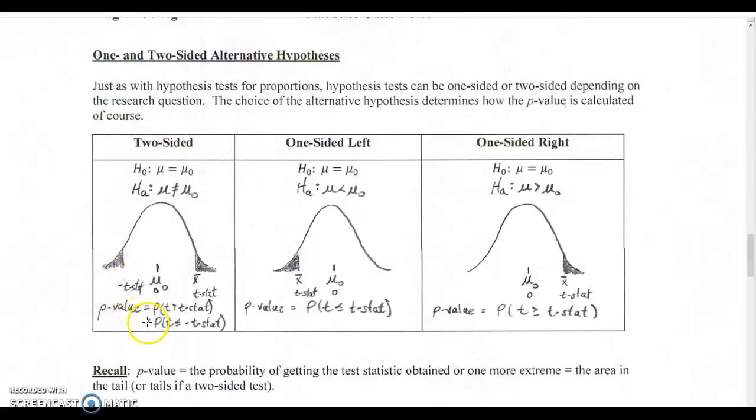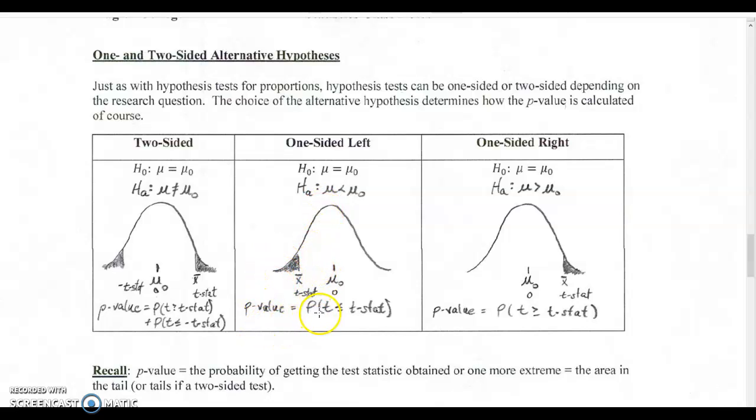So the p-value is the probability that t is greater than that t stat, if I change X bar to a t statistic, which is what we have done. Remember, the t stat is X bar minus mu naught over the standard error estimate. Plus its probability is less than or equal to minus t stat, if t stat was over here, or vice versa. If I have a one-sided left, where I'm just trying to see if the population mean has decreased, gone down, etc., then I'm looking on this side, and the p-value is just the area in this tail.